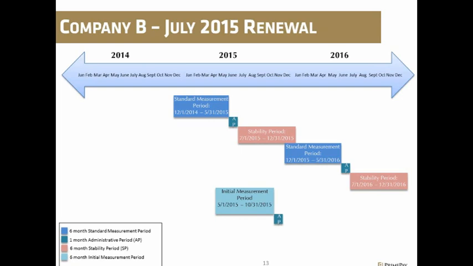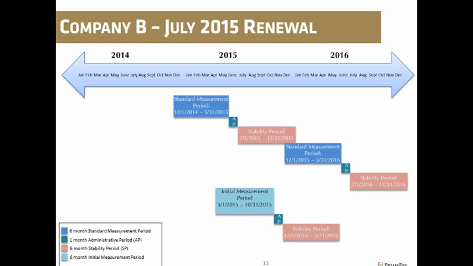Then you have the administrative period specific to that employee, and the stability period would start as of 12/1. Based on the actual hours worked from May 1st through 10/31 and through the administrative period, they're going to determine whether they need to offer coverage, and then they would either keep or not keep that coverage during the stability period, whether they were offered it or not, based on those hours worked.